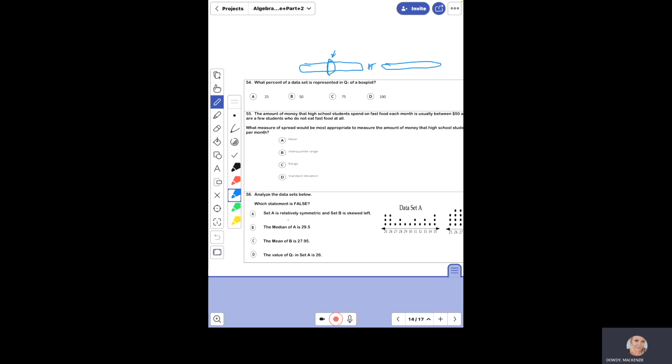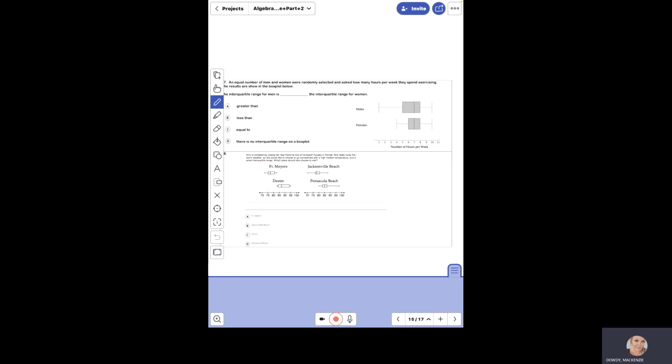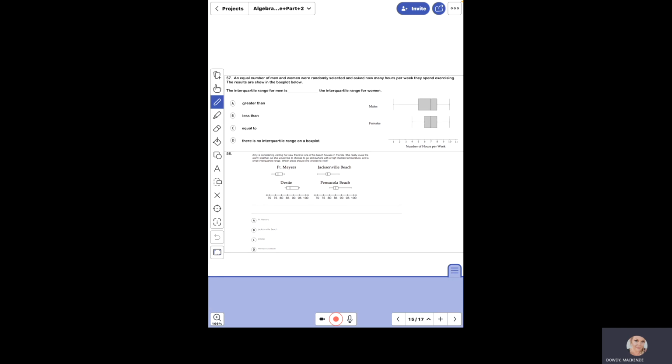So that first set of data is 25%. You can see it breaks it down into 1, 2, 3, 4 sets. So it's 25. I don't know why I switched to blue. I need to be doing this in red so it matches y'all's red pens. So it's 25. That also goes with 57 and 58. So I'm going to skip over to 57 and 58.